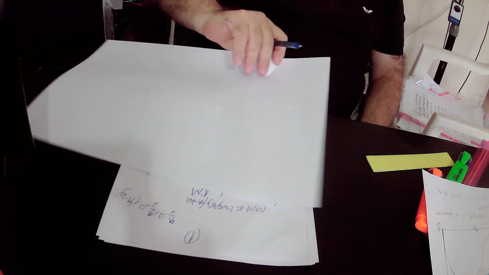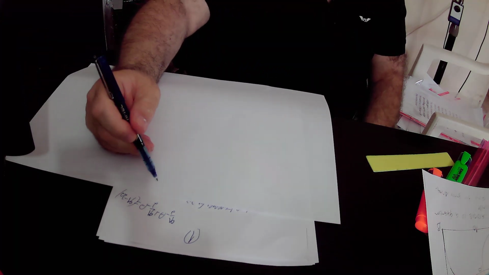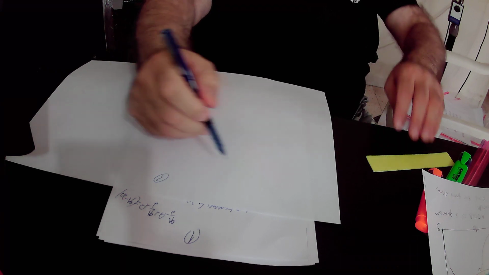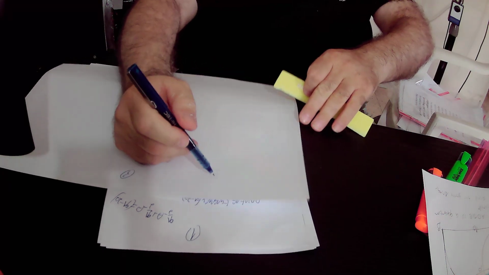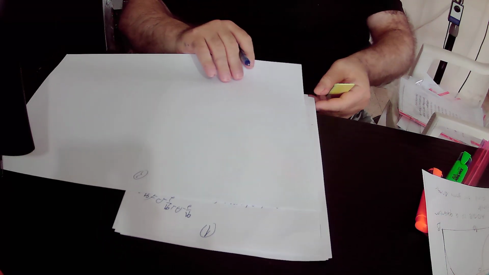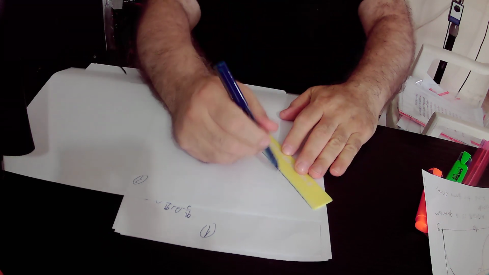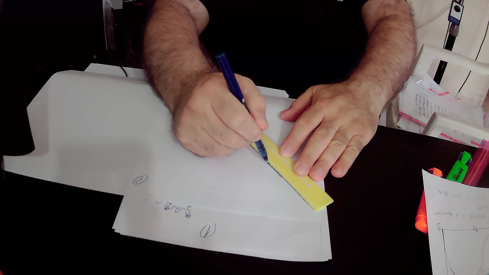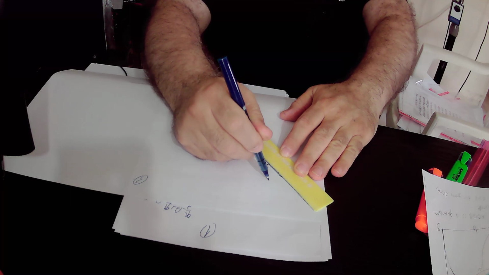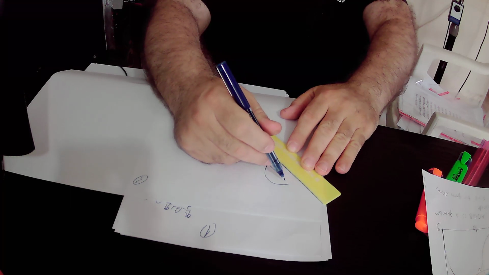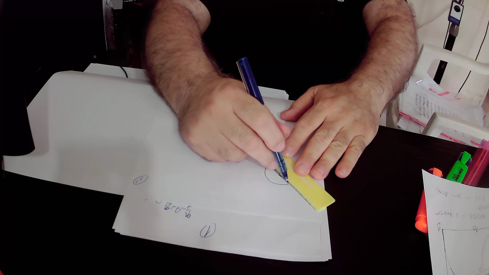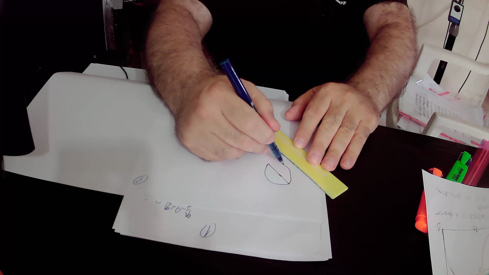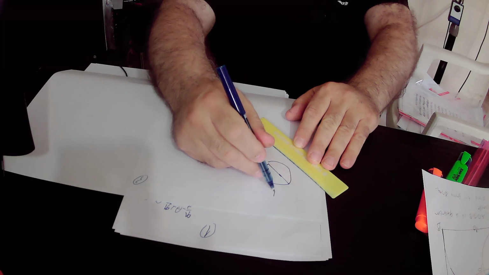I repeat again, the area of the lens consists of 2 circular segments, and the sum of the areas of those 2 circular segments will give us the area of this lens.